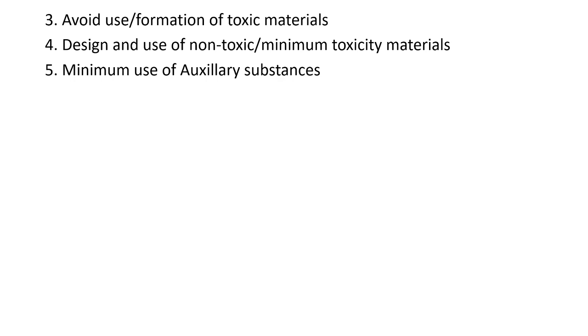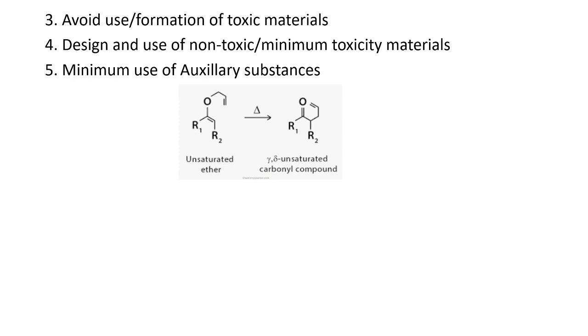For example, here I will give you one example, that is Claisen rearrangement. In this Claisen rearrangement, an unsaturated ether, that is allyl ether, is converted to a gamma, delta unsaturated carbonyl compound.